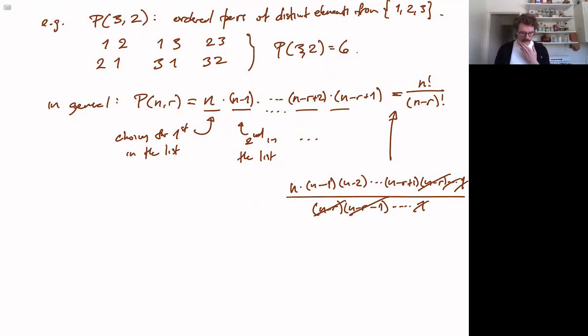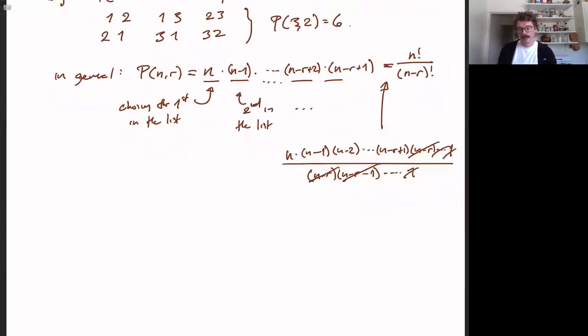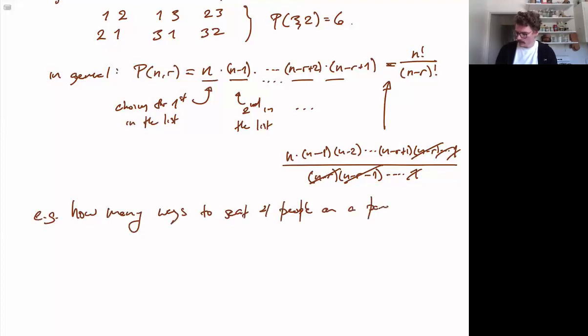So let's look at the kind of problem that you might get asked about these kind of things that you might see in the textbook, for example. How many ways are there to seat 4 people on a panel from a pool of 6 potential panelists?